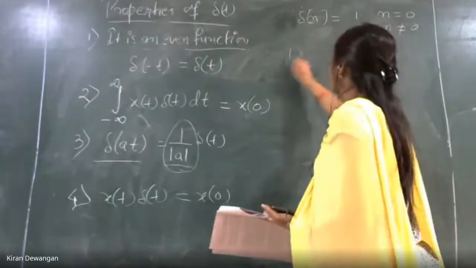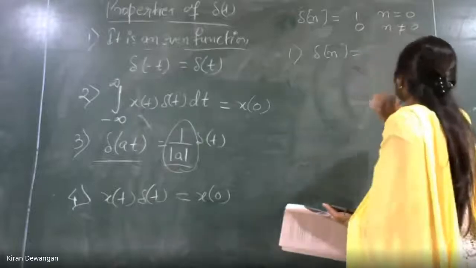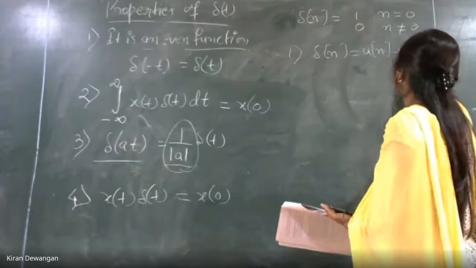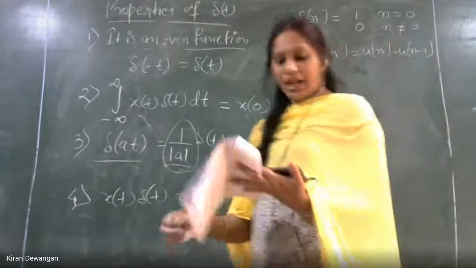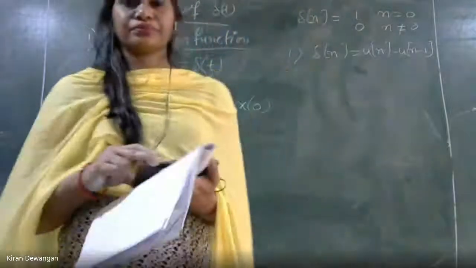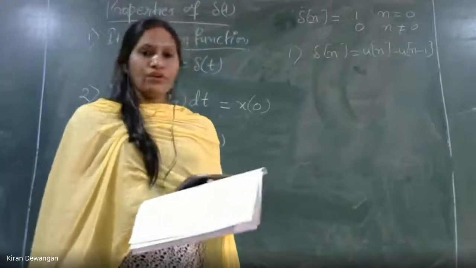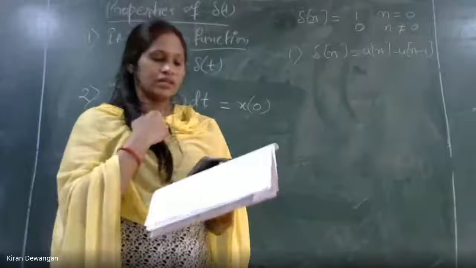Now the first property says del of n equals u of n minus u of n minus 1. Can we write it in this way? Del of n equals u of n minus u of n minus 1.